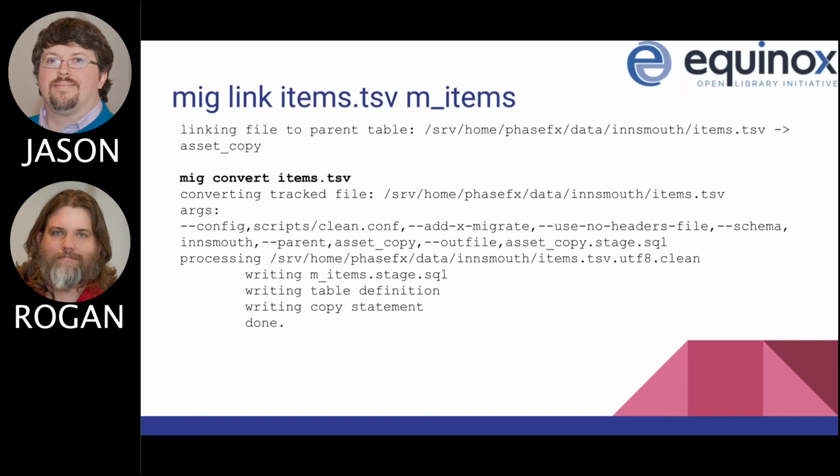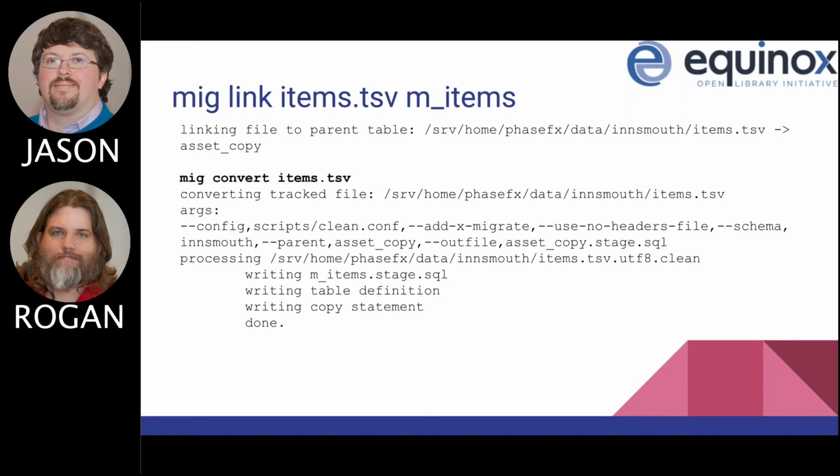But with MIG link, you can tell MIG, hey, this file is supposed to be associated with this table. So what MIG is going to do is go through that list of headers, whether they're in a separate file or on the first row. It is going to remove spaces, put an l_ in front of them, and use those as definitions to add on to the m_items table.